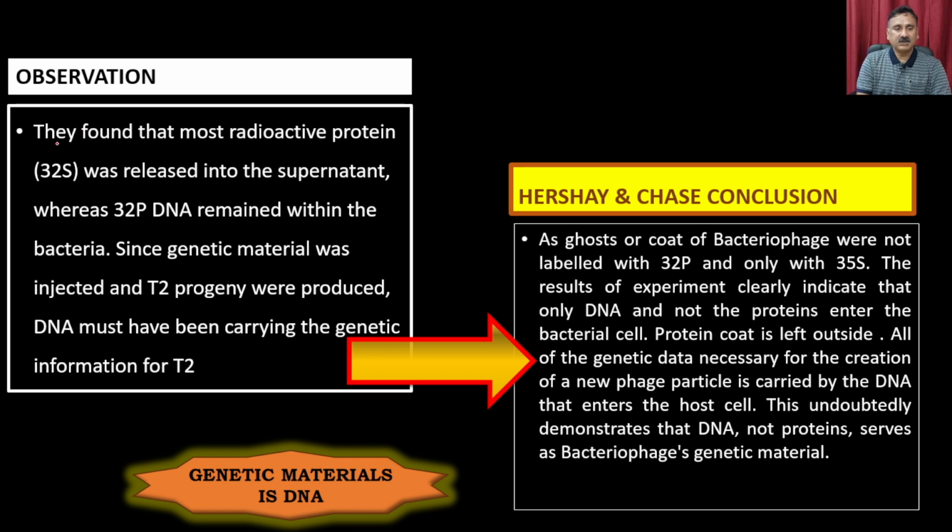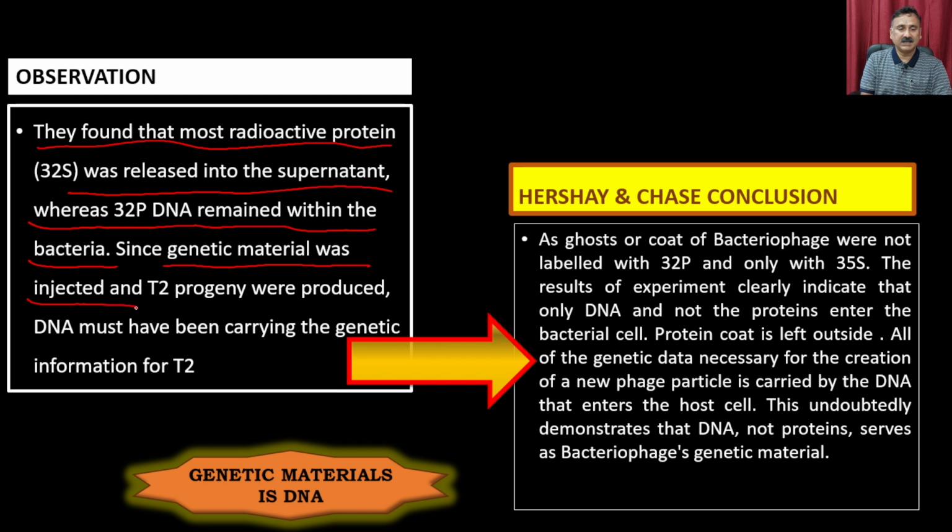They found that most of the radioactive protein was released into the supernatant, whereas the 32P DNA remained within the bacteria. Since genetic material was injected and T2 progeny was produced, DNA must have been carrying the genetic information for T2. Not only that, when the bacteria lysed, they produced an enormous number of viruses.